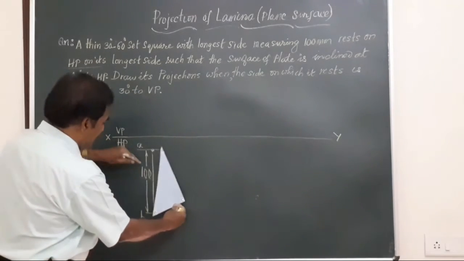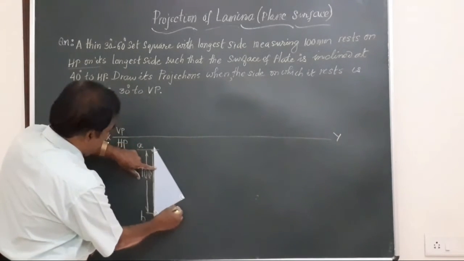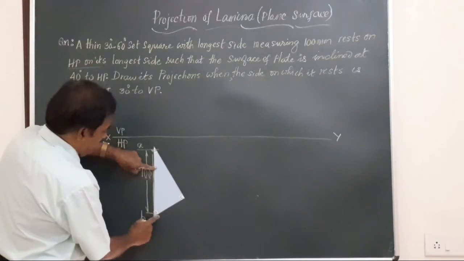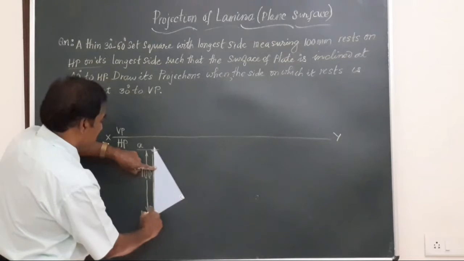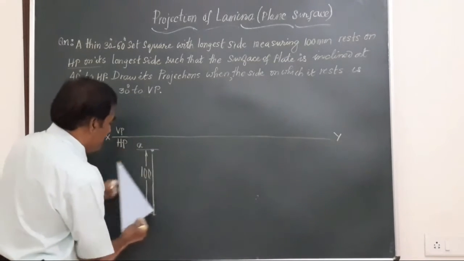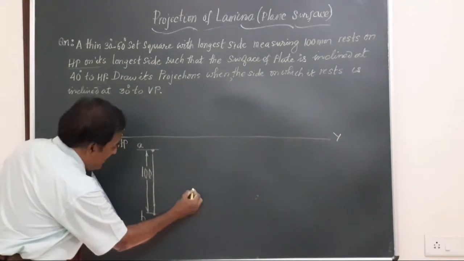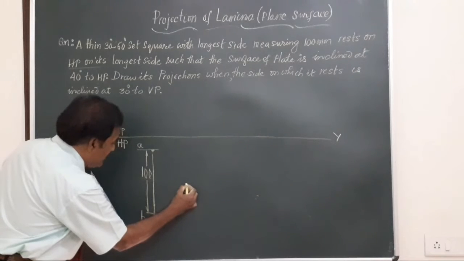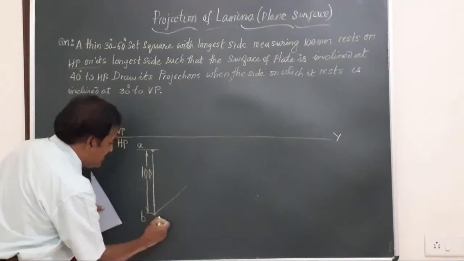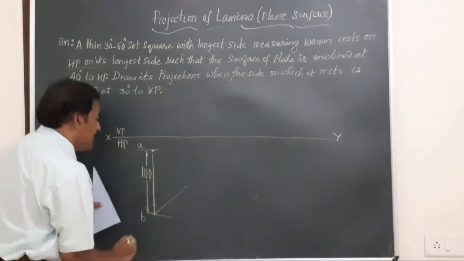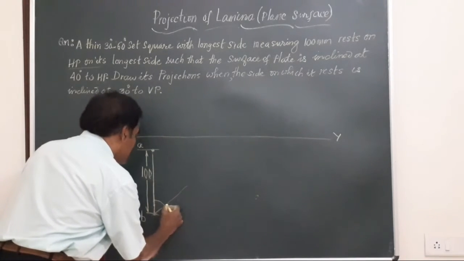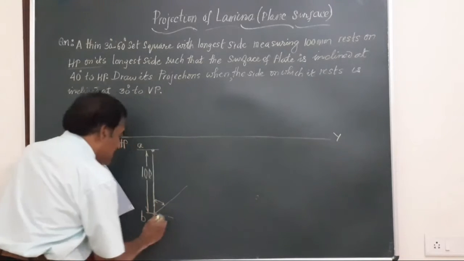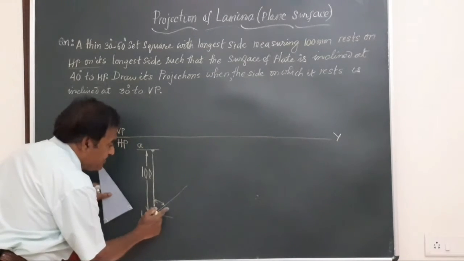And how to get this figure? At this point B, you draw a line at an angle of 60 degrees to the horizontal. So from here, I draw a line at random at an angle of 60 degrees. This has to make an angle of 60 degrees, or with the vertical it is 30.